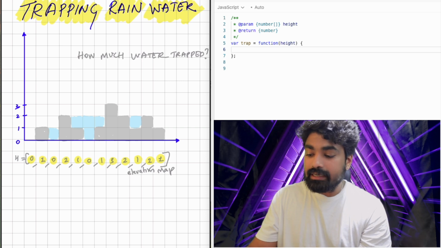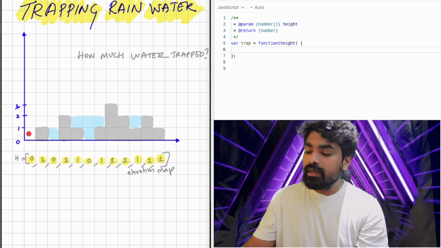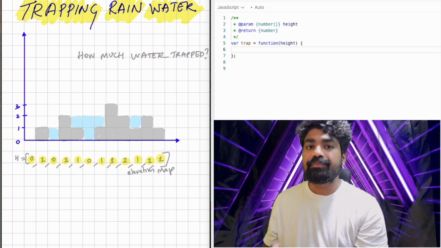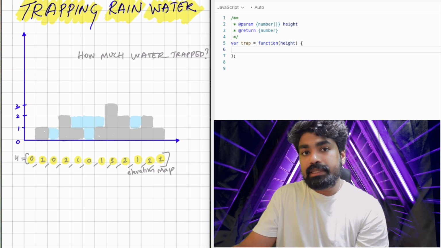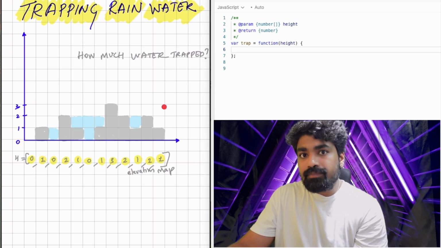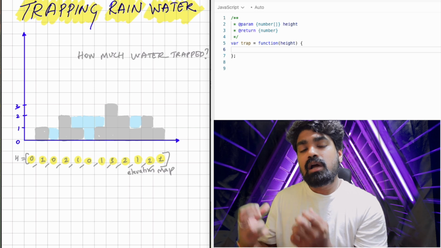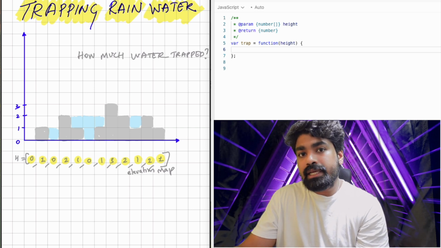So if you are at index 0, try to find the highest elevation at index 0 and keep on going similarly all the way towards the right. And we will also go from the right side towards the left side and try to find the highest elevation up to the index that we keep coming to from the right side.